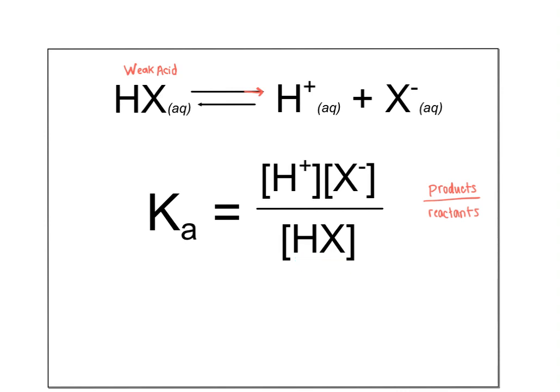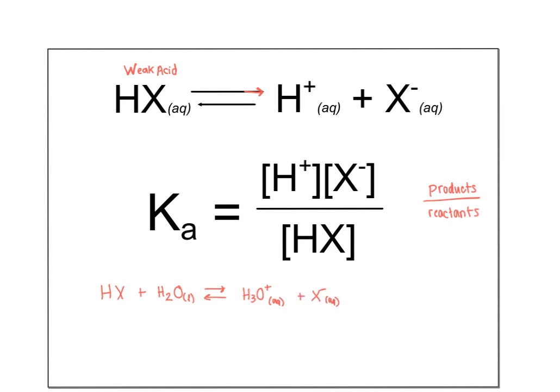Don't forget that we can always write a weak acid dissociating in water like this, with water, which is liquid, and then we would get H3O plus, which is the same as H plus, and X minus.